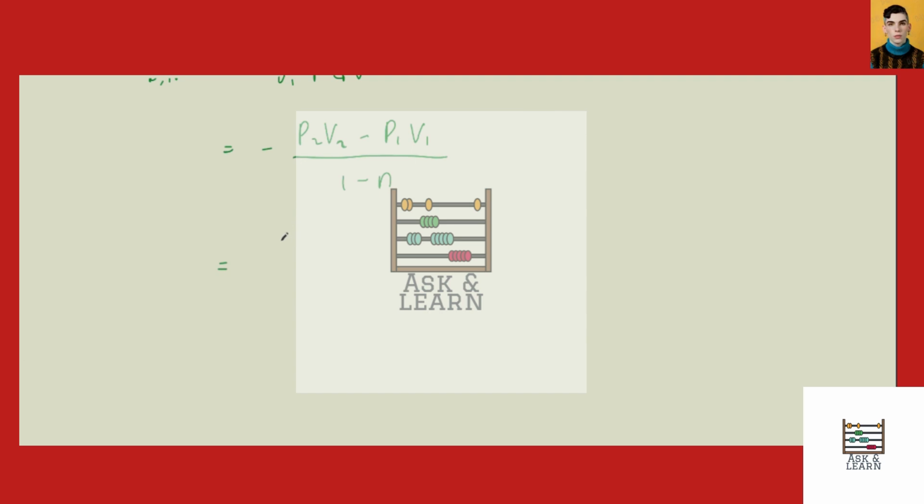And this is equal to minus mR, and we can write this in terms of the difference in temperatures, mR times (T2 minus T1) all over 1 minus n. So we expanded the numerator and made it mRT.